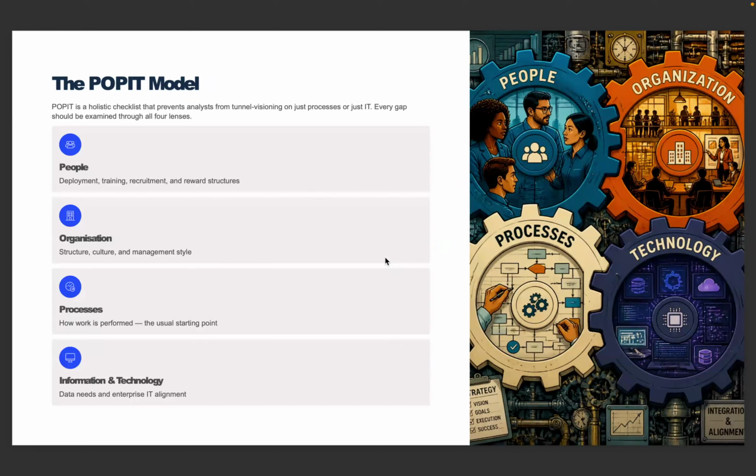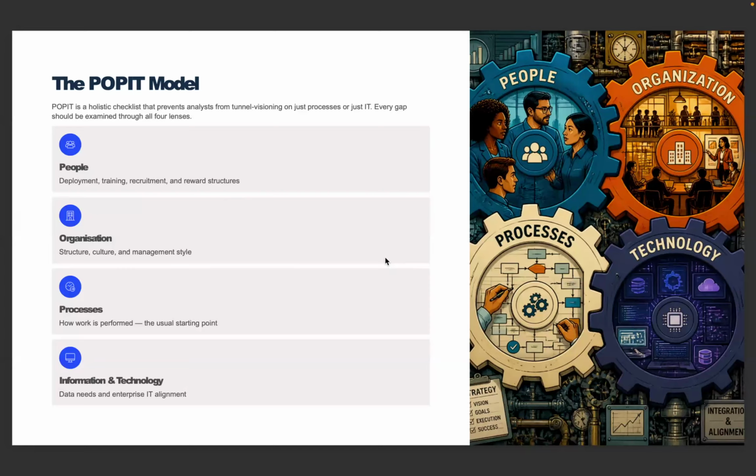And the POPIT model gives business analysts 4 different ways to look at a business problem: the people, the organization, the processes, and the information and technology. So we need to look at the people because it focuses on the individuals themselves.